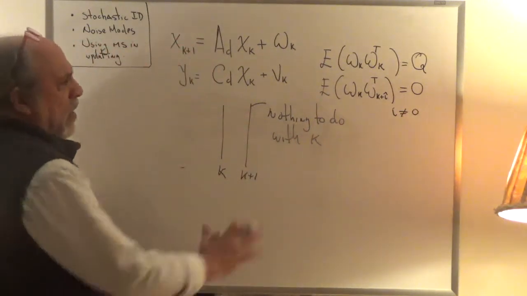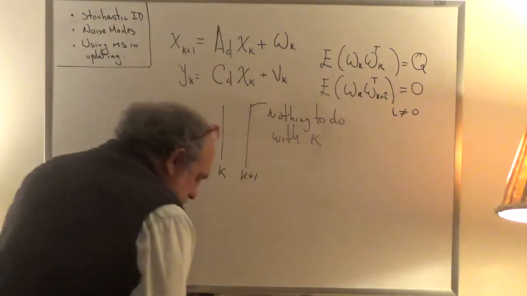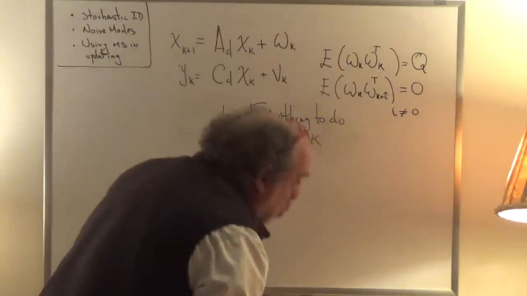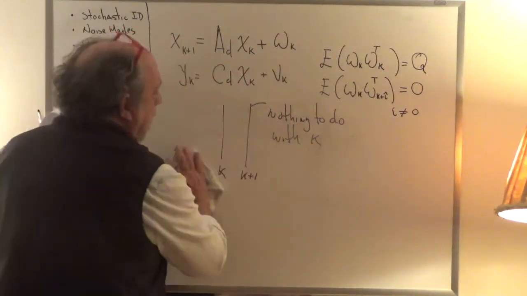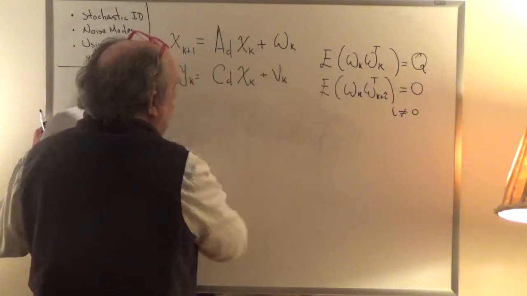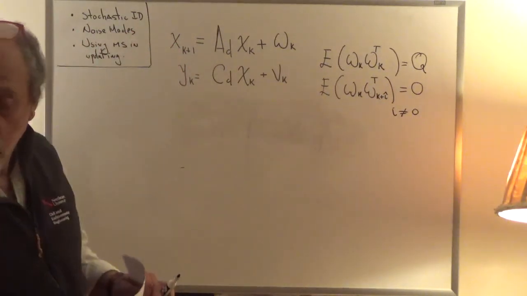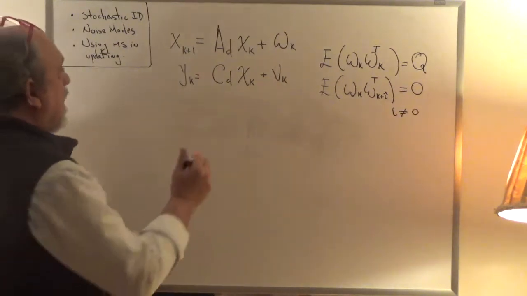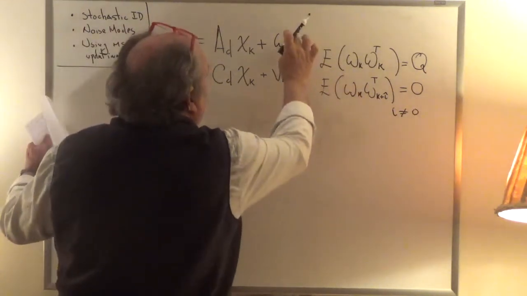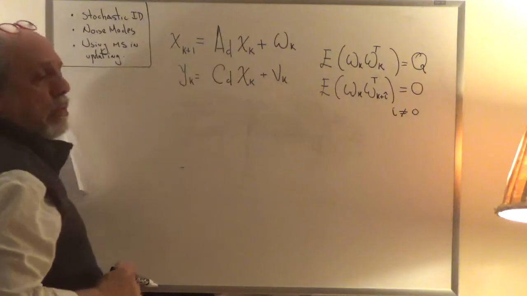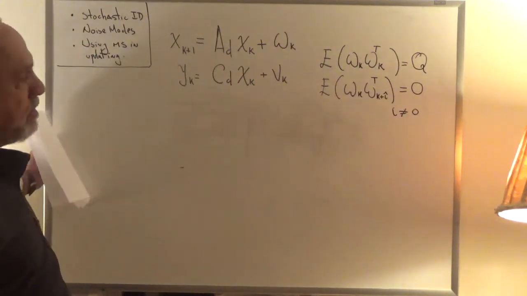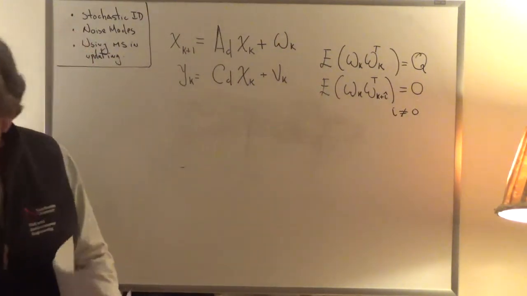Okay? That assumption of being uncorrelated in time, that is wk and wk plus 1 plus 2 plus 3 plus 4, being uncorrelated means that the vector w is assumed to be white noise. Okay?